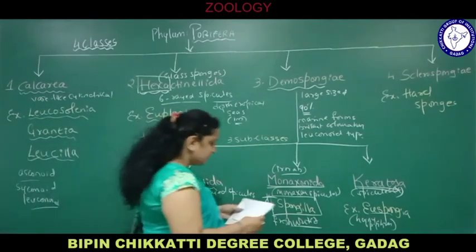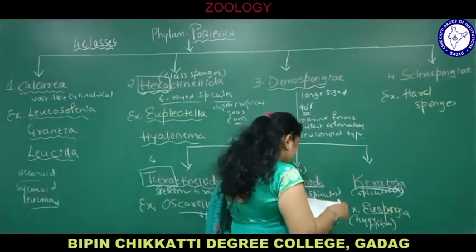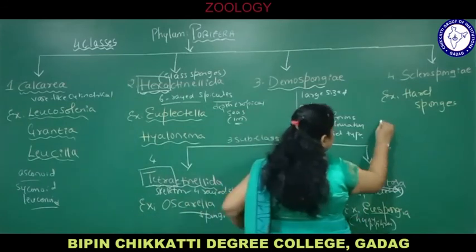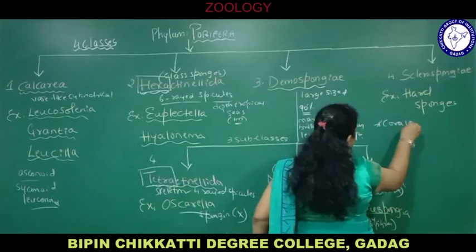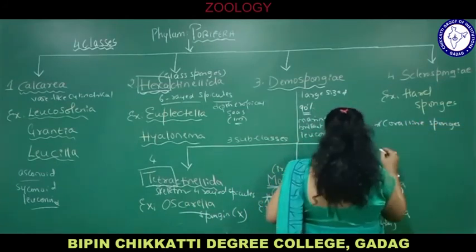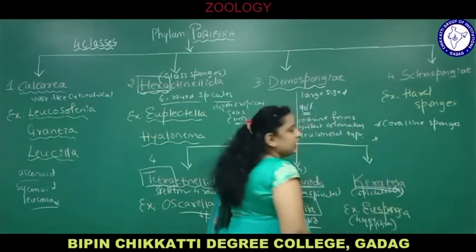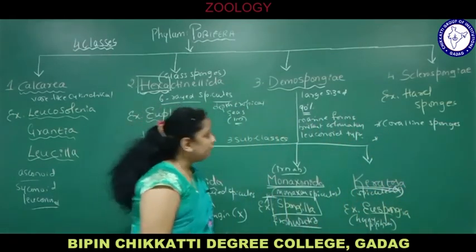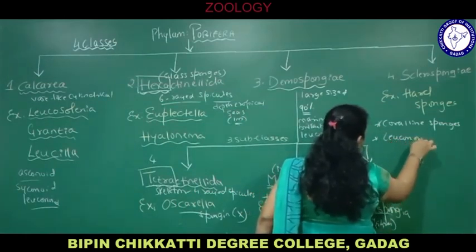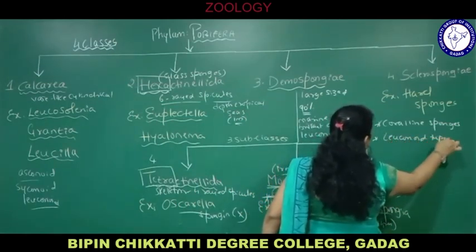Last one, or the fourth class, is called Sclerospongiae. Sclerospongiae are coralline sponges. Second, the skeleton is made up of spicules and spongin fibers. Then third, they are leuconoid type. Body organization is leuconoid type.